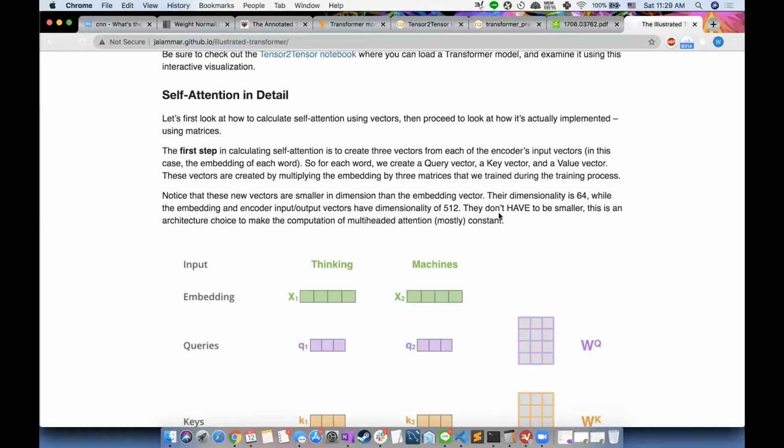Okay, embedding vector is 512, remember? Their dimensionality is 64, while the embedding encoder inputs, output vectors have dimensionality of 512. They don't have to be smaller. This is an architecture choice to make the computation of multi-headed attention mostly constant. So we get a glimpse of what multi-head attention means.